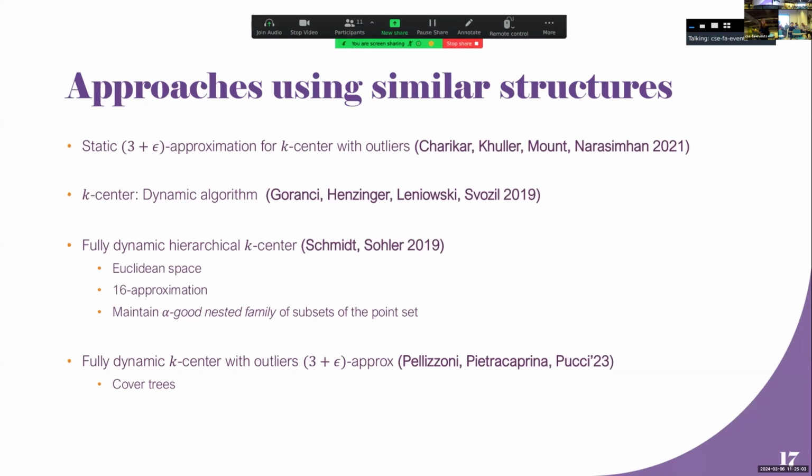And there's also a hierarchical k-center approach for the poly-dynamic case that works in Euclidean space and gives you a 16 approximation. That also maintains something very similar, a hierarchy of also a modified variant of the R-nets. And then the other result that is very similar to ours also uses a similar technique called cover trees, which is just as an overview.